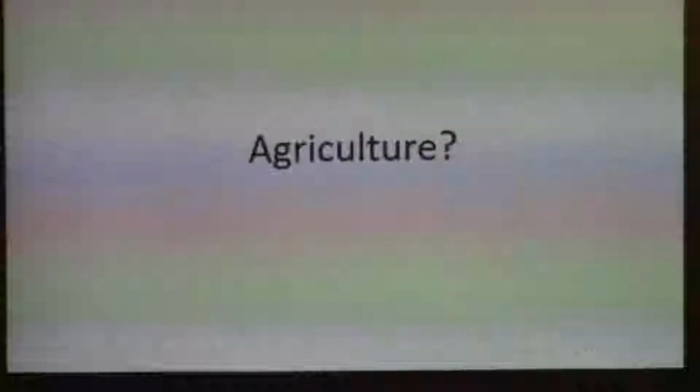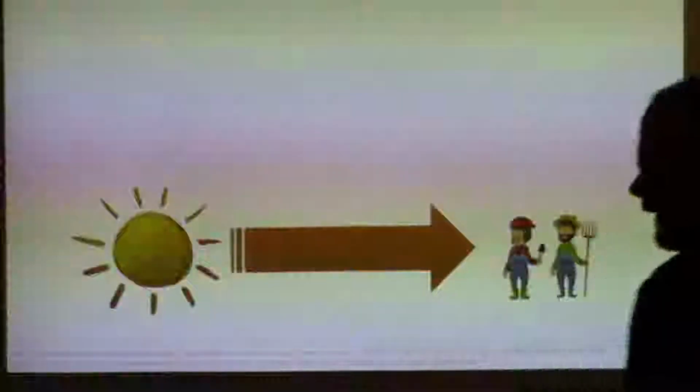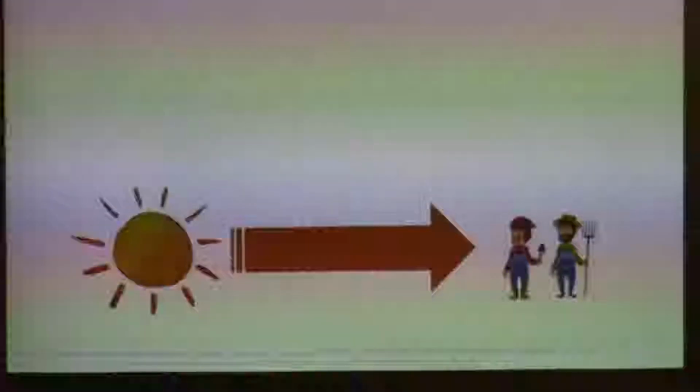So I'll ask you this. What is agriculture at its most fundamental, basic, physical and biological level? What is it? I would say that agriculture is the purposeful extraction of energy from the sun in a way that human beings can use it, right?